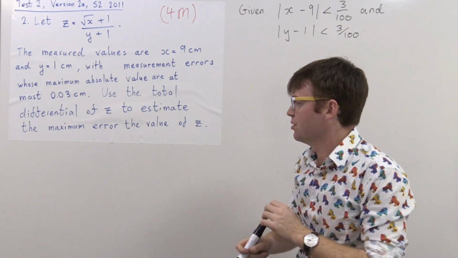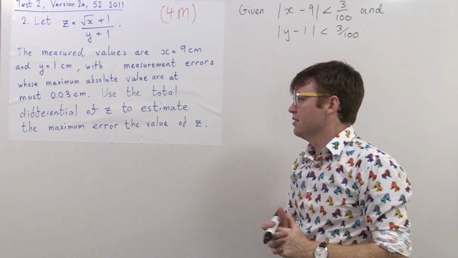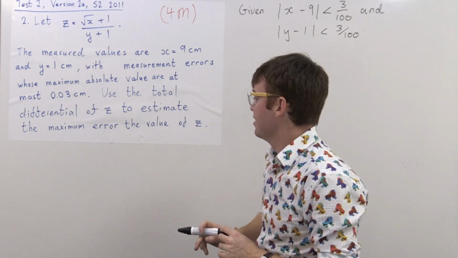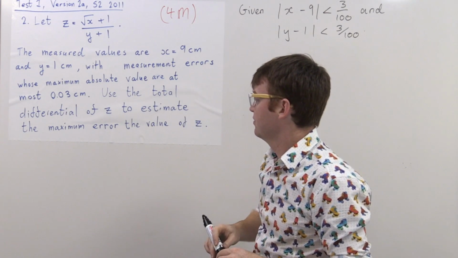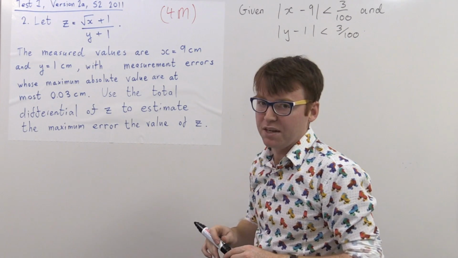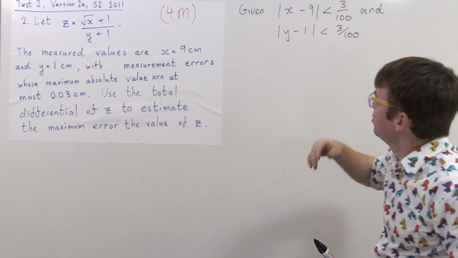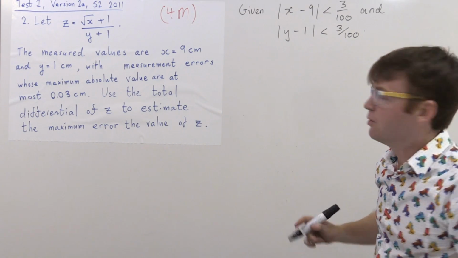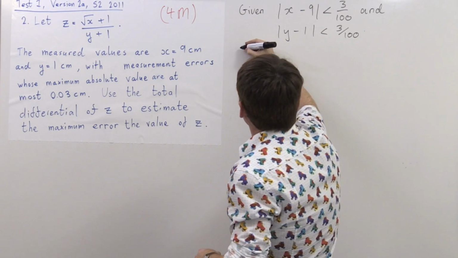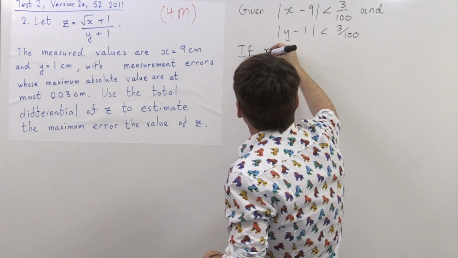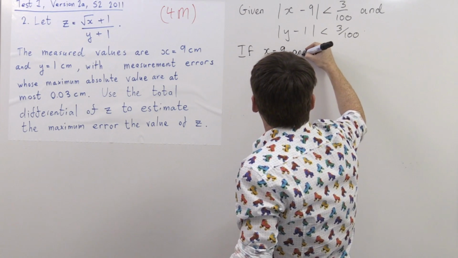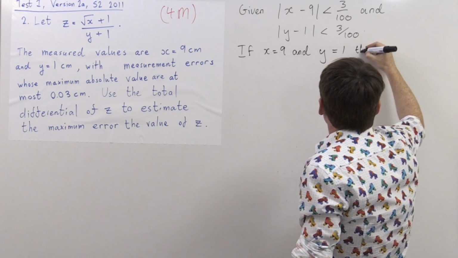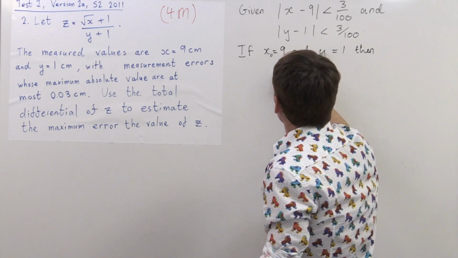Use the total differential approximation to estimate the maximum error. Well, first of all, to estimate z, and then the maximum error in that value of z. So if I give you values of x and y to be 9 and 1, first of all, what is z? If x equals 9 and y equals 1, let's call these x0 and y0.